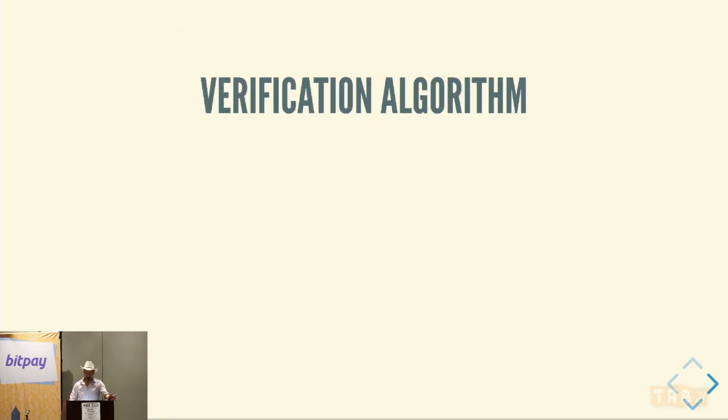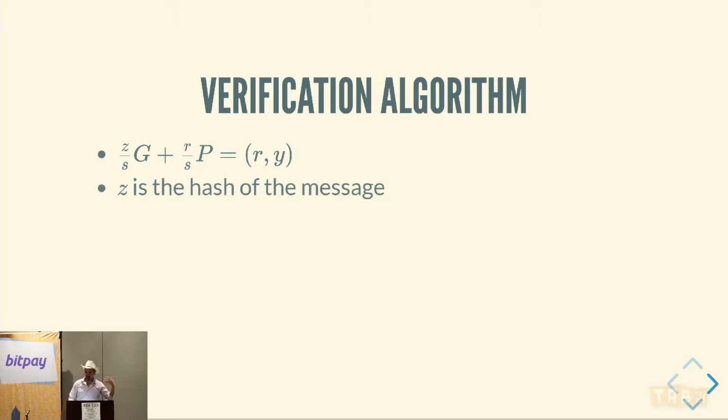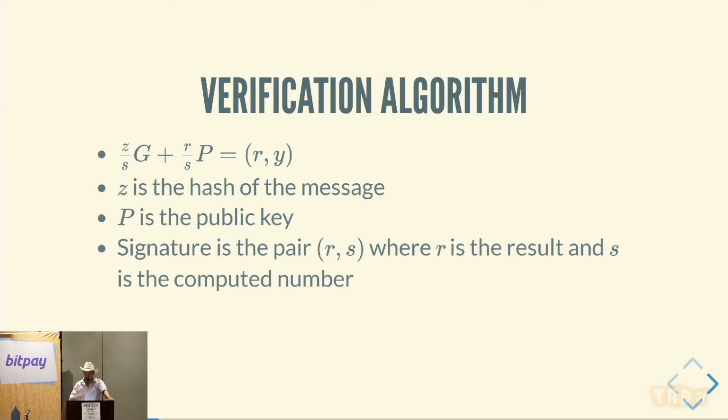The actual verification algorithm, once again, uses this equation. We already know the hash of the message, or what message was signed. We already know the public key that's been communicated to us. In Bitcoin, that's obvious because it's in the script sig or in the witness field. And we also have the signature, which is a pair, (r, s). r is the committed target, where we're going with this equation, and s is the thing that makes all of the variables work.